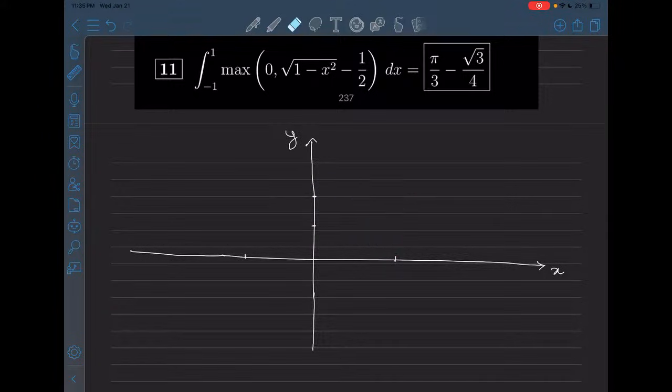So if the vertex will be at half, let's see where it cuts the x-axis. Basically, if I let this be 0, half equals square root of 1 minus x square, so for it to be 0, we need 1/4 to be 1 minus x square, so x square is 3/4, x is root 3 over 2.